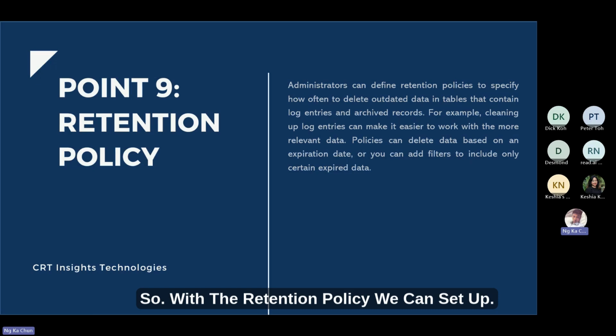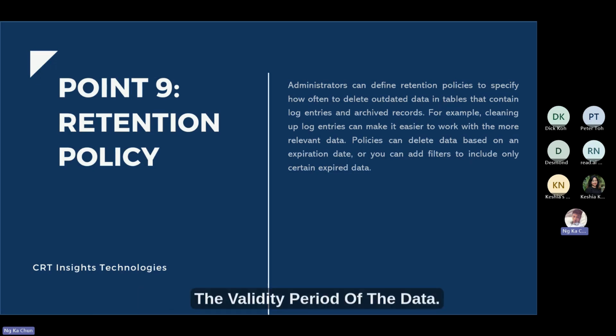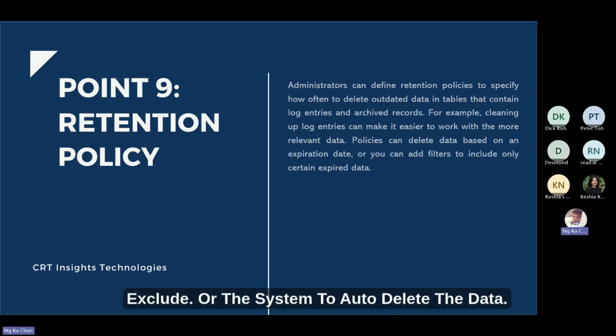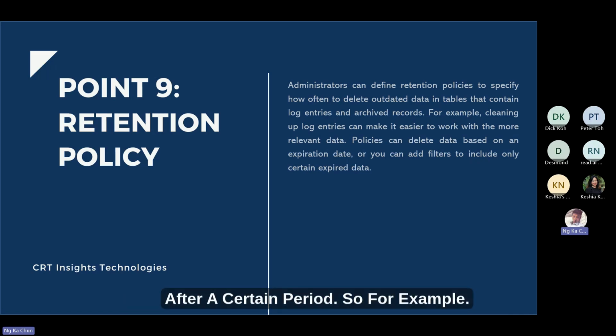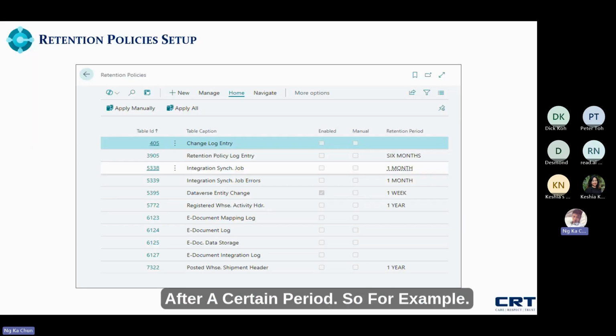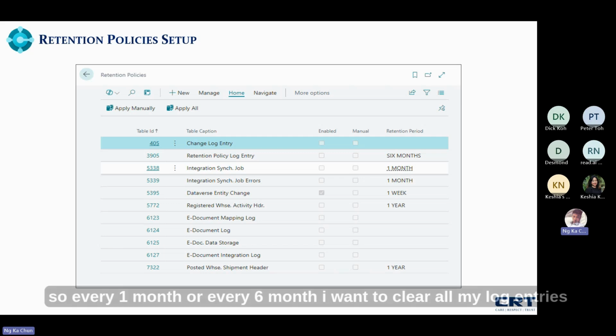So with the retention policy, we can set up the validity period of the data. Once the data is expired, we can filter it out or have the system auto delete the data after a certain period. For example, we talk about the change log, etc. We can set up the retention period, so every 1 month or every 6 months, I want to clear all my log entries.